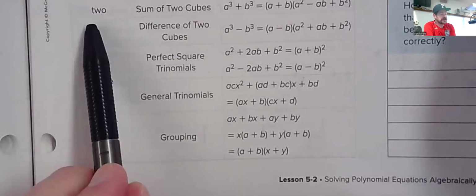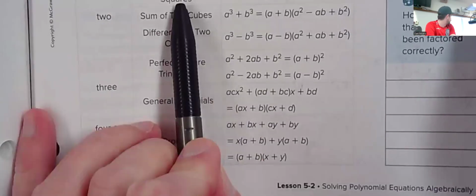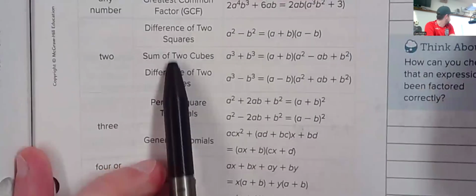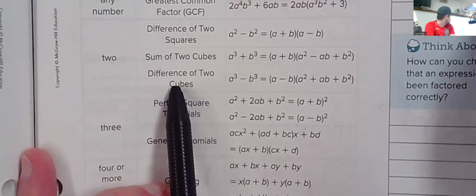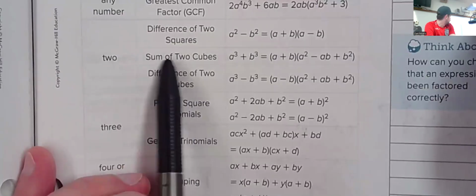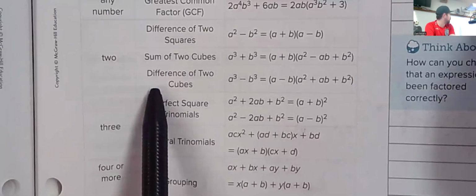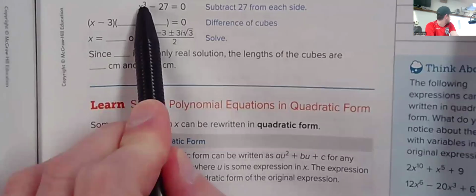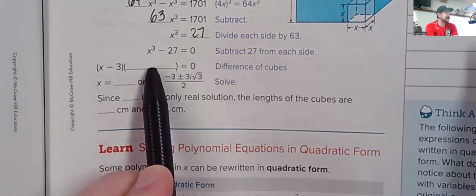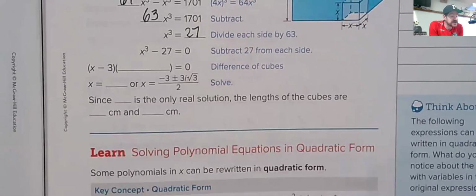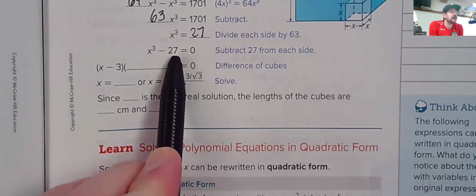So two terms, we can be dealing with a difference of two squares, a sum of two cubes, or a difference of two cubes. So we're not dealing with a sum here, so that one's out. So it's either a difference of two squares or a difference of two cubes. Now, that is a third power there. So the implication is that it's probably going to be a difference of two cubes. Is 27 a perfect cube? Of what?